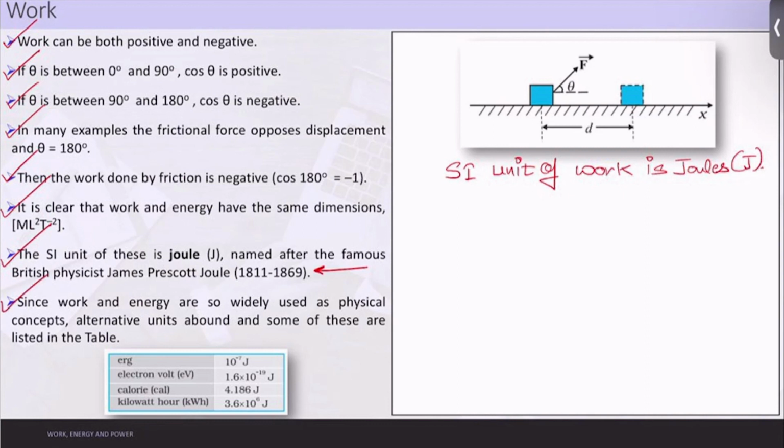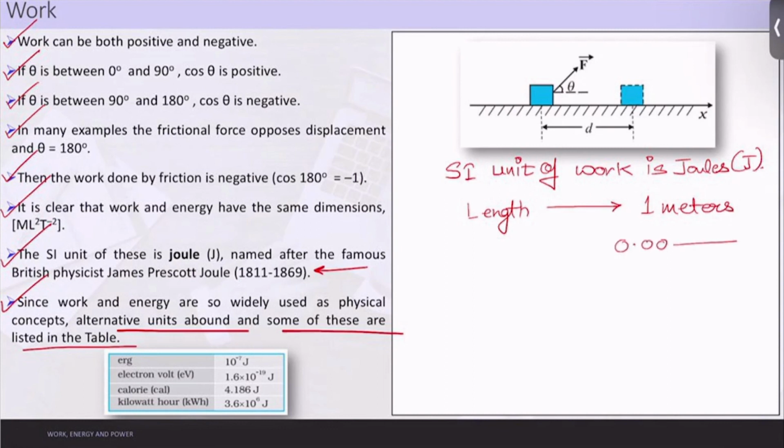Now, since work and energy are so widely used as physical concepts, alternative units abound, and some of these are listed in the table. Okay, so generally, as we already know, for length also, all the things in this complete universe cannot be explained using meters, correct? Because some things are, let's suppose, in nanometers, you cannot write 0.000 up till 9 for everything, right?